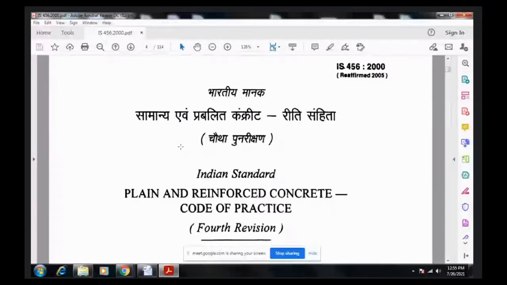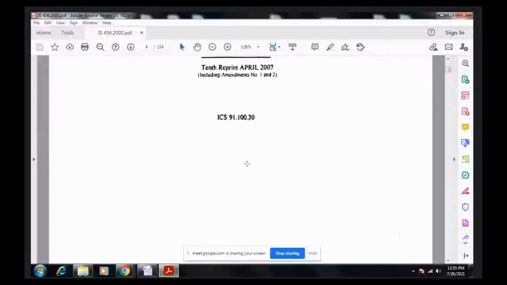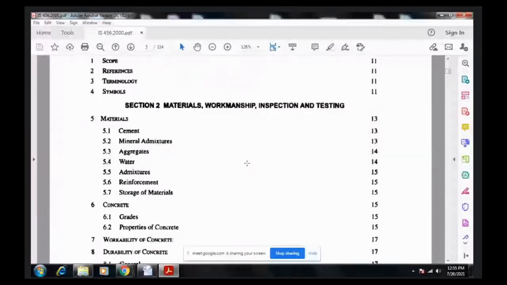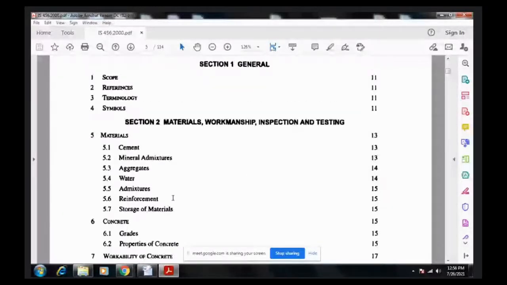Now, for example, in this particular code you see, there are many things given here. Those who are aiming at reaching the highest level, I argue that Jadavpur University Civil Engineering Department is famous for that.